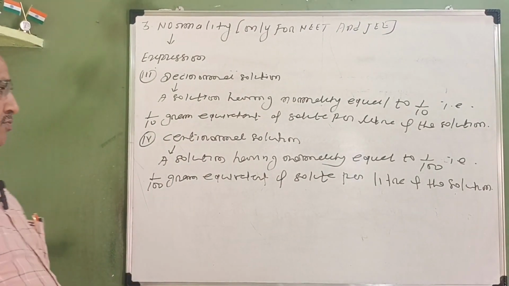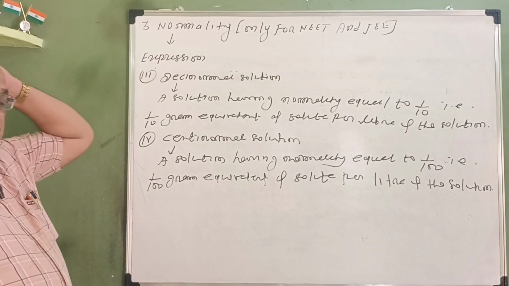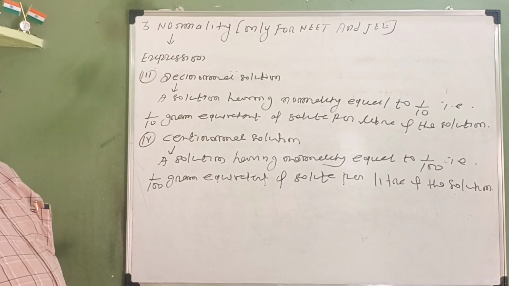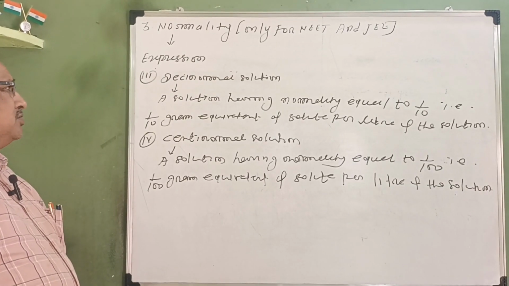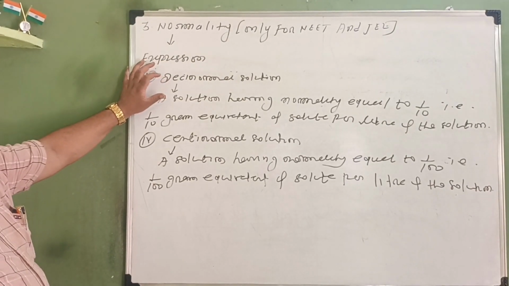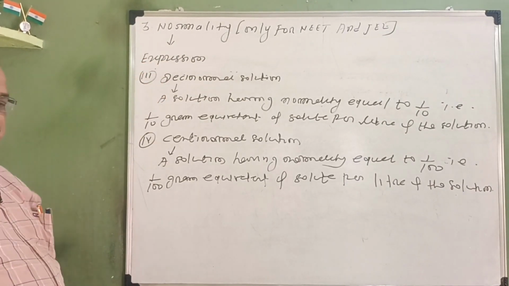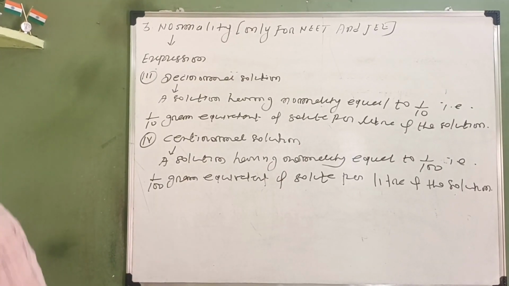Keep in mind, the most important point is that normal solution means normality 1, semi-normal means normality half, decinormal solution means normality 1/10, and centinormal solution means normality 1/100.